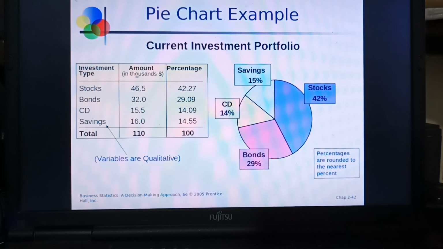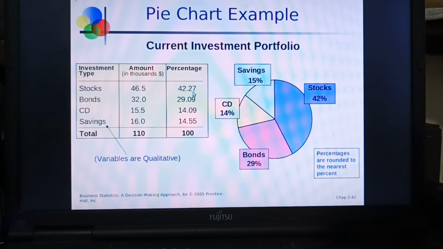Here we have the amount in thousands of dollars: 46.5, 32, 15.5, 16, for a total of 110. And we get the percentage or proportion of each entry, each variable, out of the total 110.